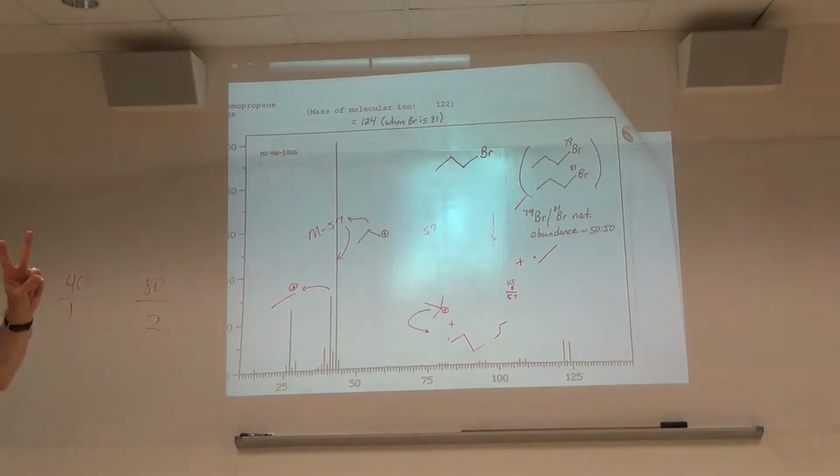Bromine has two major isotopes, 79 and 81. What's the ratio of the two? It's about 50-50. In any sample of this compound, half the molecules are going to be something 79, and the other half are going to be something 81. That adds up to two different masses, 122 and 124.